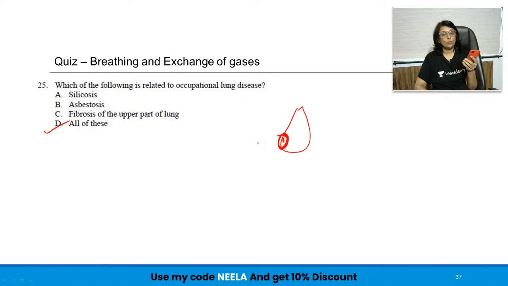And now you know why those 3 went wrong, and whatever was not clear, is it now clear? 25 is D, right? Reena says 4 wrong. Which were those questions where you went wrong, and are you now able to understand those concepts? If similar questions are asked in the next test or in NEET, will you be able to answer them correctly? Suchitra is saying helpful class. Okay, I'm happy that you liked it.